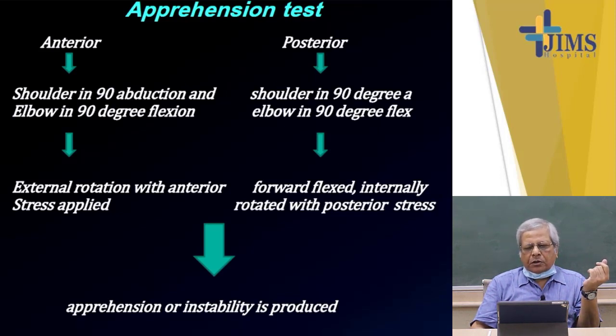This is the most important test. You may not get any other positive test for recurrent anterior dislocation of the shoulder. I'm not talking about posterior because that is extremely uncommon. Apprehension or instability is produced.